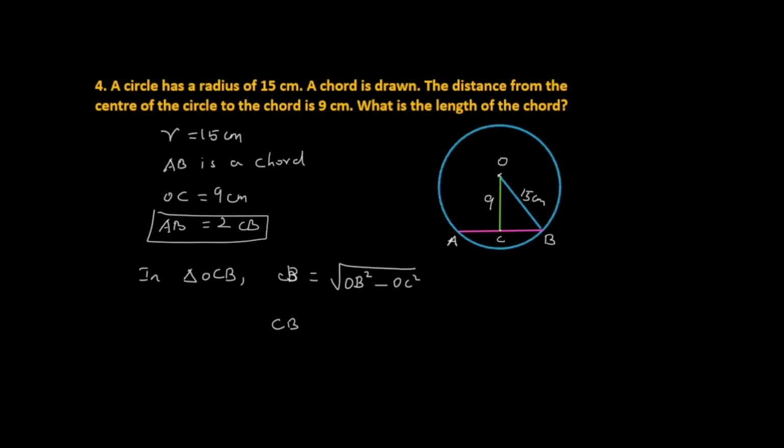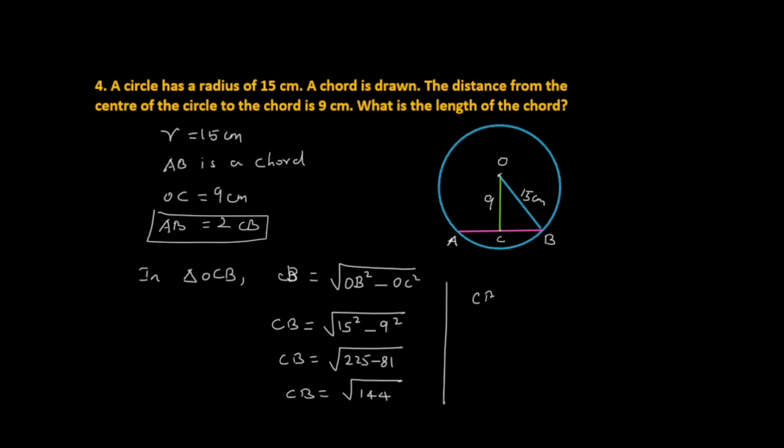So CB is equal to the square root of 15 squared minus 9 squared, which is 225 minus 81. CB is equal to the square root of 144. So the length of CB is equal to 12 centimeters.